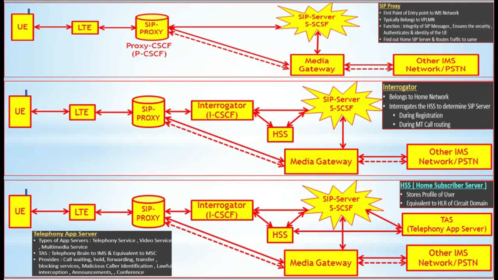TAS, that is the telephony app server, is used for telephony services such as call waiting, call hold, call pickup, call forwarding, call transfer, call blocking services, malicious caller identification, lawful interception, announcements, digit collection, conference call services.